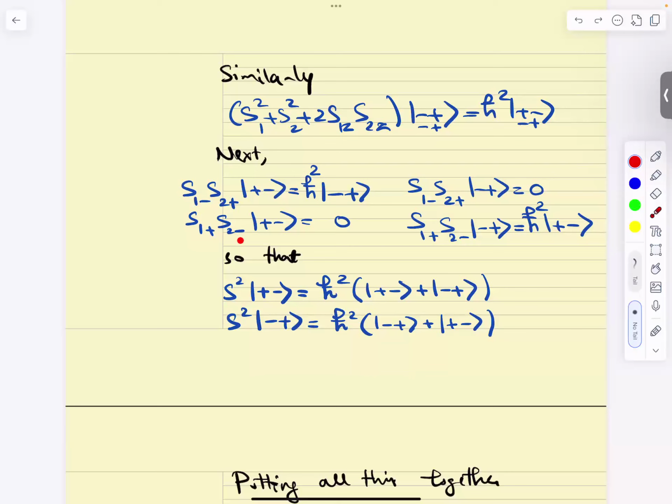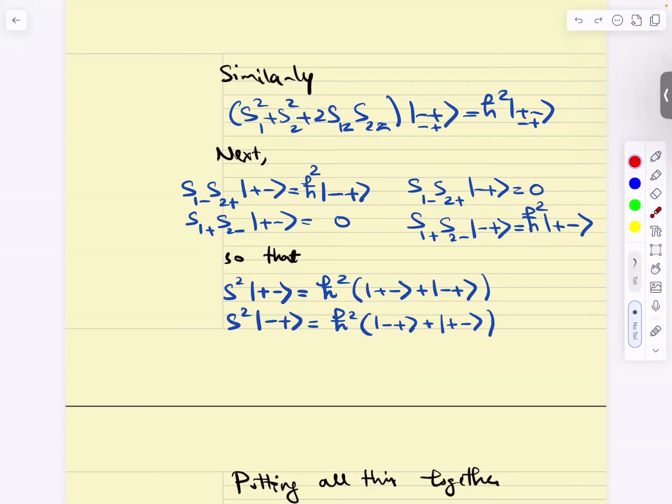And of course, the other term will vanish. Similarly here. So what do we find? Let's do this exercise with me: S1 plus S2 minus plus S1 minus S2 plus acting on plus minus, right?